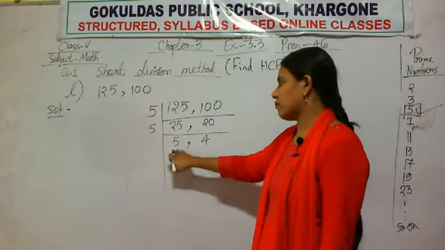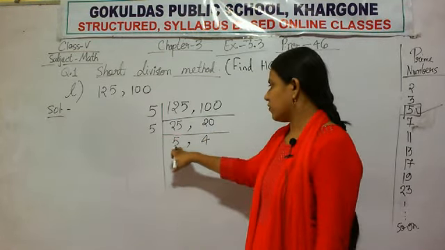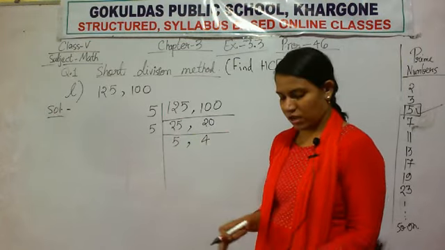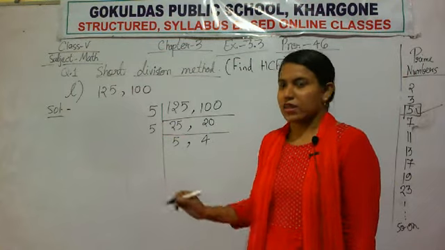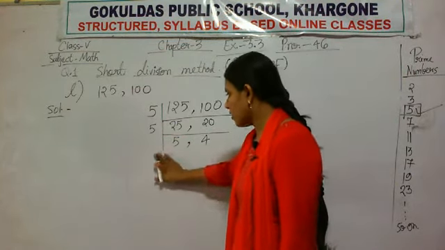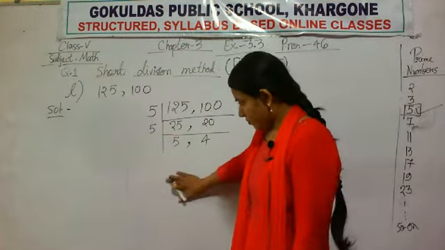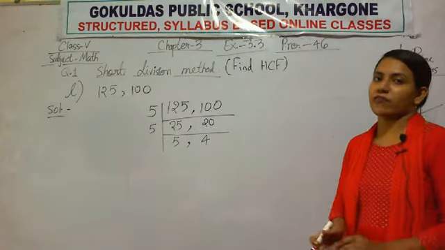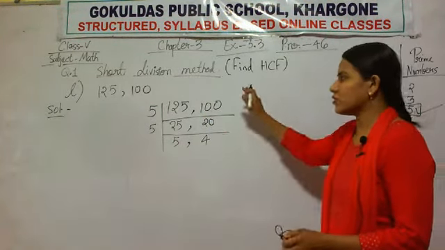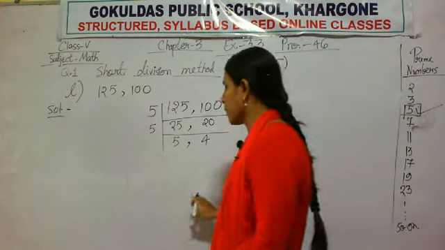Right? Now my numbers are 5 and 4, one is odd and the other is even, and there is no common factor to divide 5 and 4 together. So we will stop our division process over here.